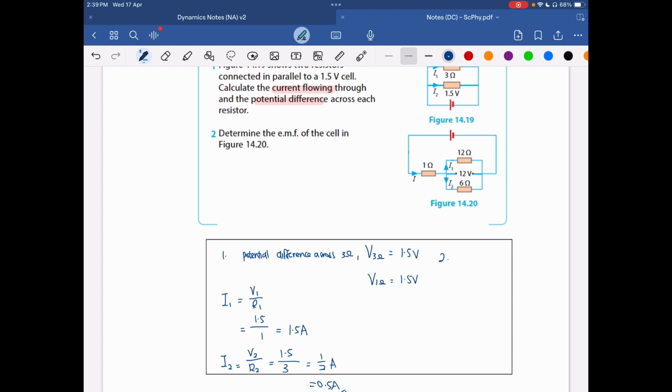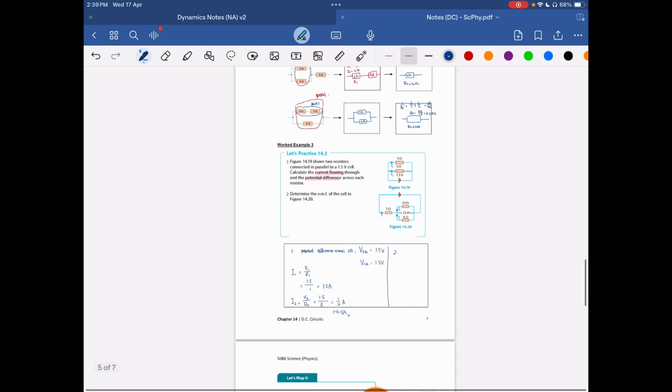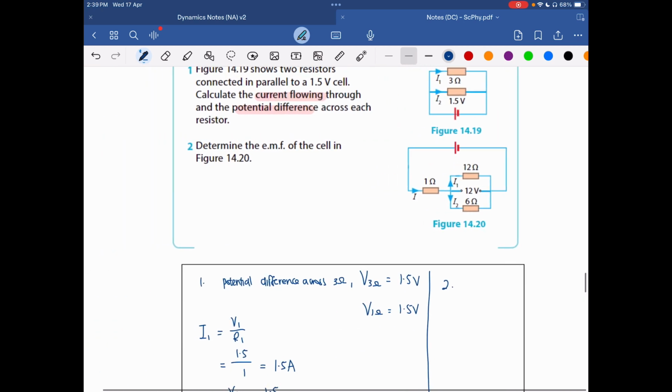Okay, next one, determine the EMF of the cell in 14.2. So over here, because there is a 12 volt over here, sorry, what is this now?